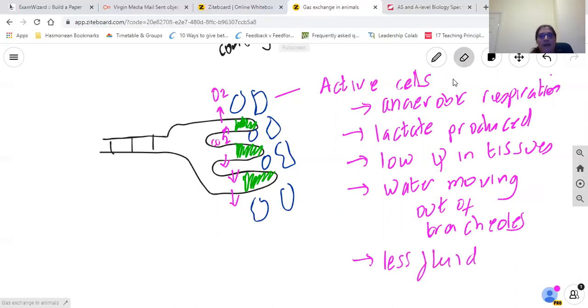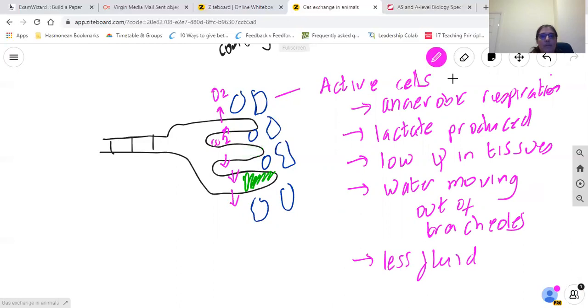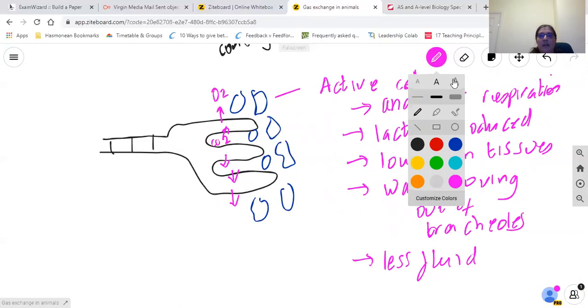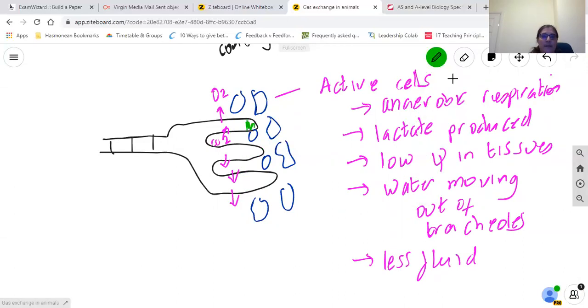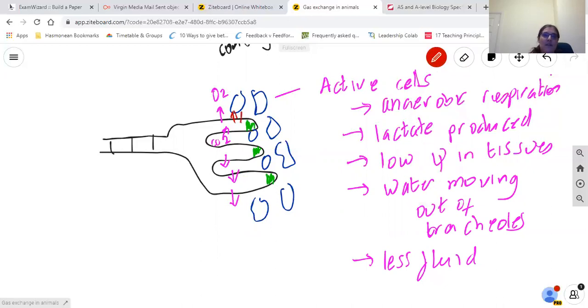Okay, so if we rub out some of our fluid here, rub out our fluid there, and we'll just put a little bit of fluid in. Okay, so now we've just got a little bit of fluid. Look what we have done. We have now increased the surface for gas exchange. And by doing that, the cells will now get more oxygen, which means that they can do more aerobic respiration.